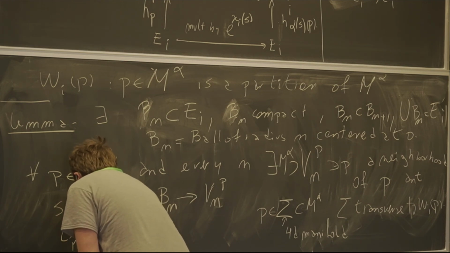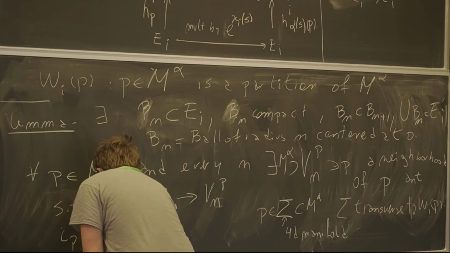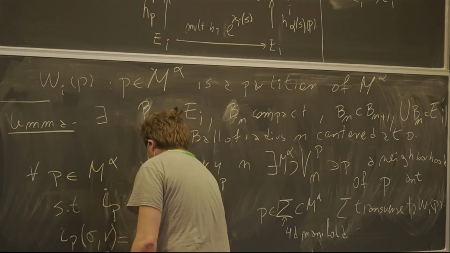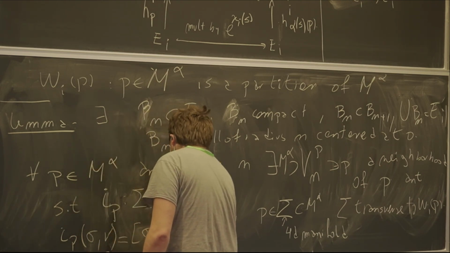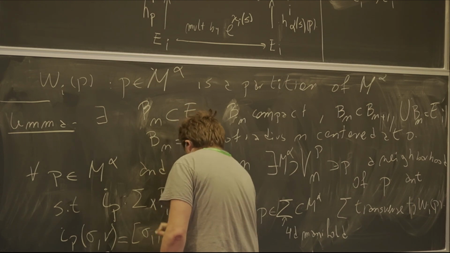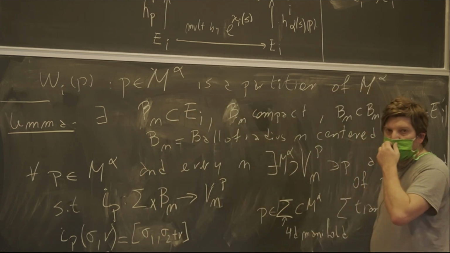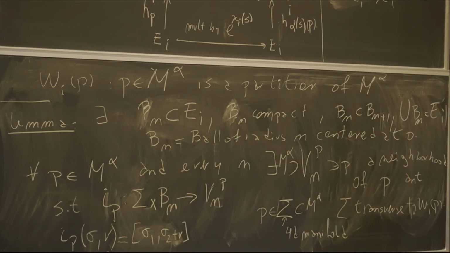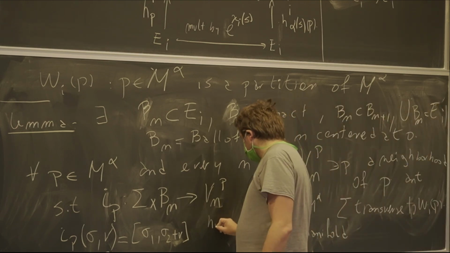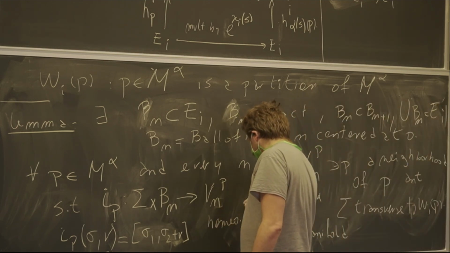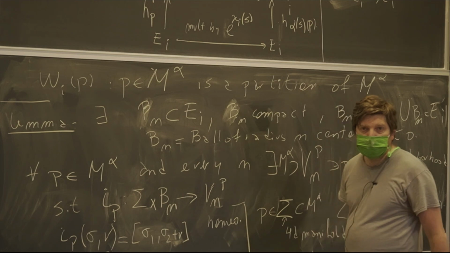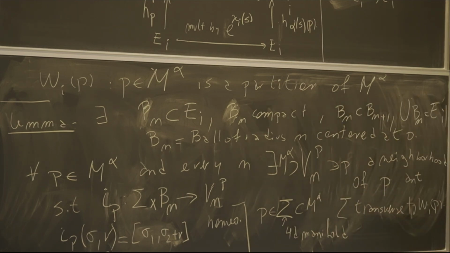Sigma is sigma 1, sigma 2, so this is the class of sigma 1, sigma 2 plus B. So there is this embedding. This is a homeo. It's actually a diffeo, but I want this to be a bijection. I want it to be injective.